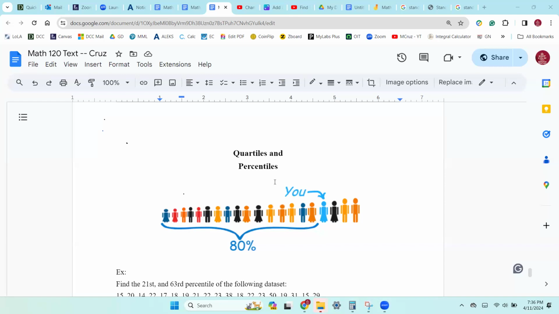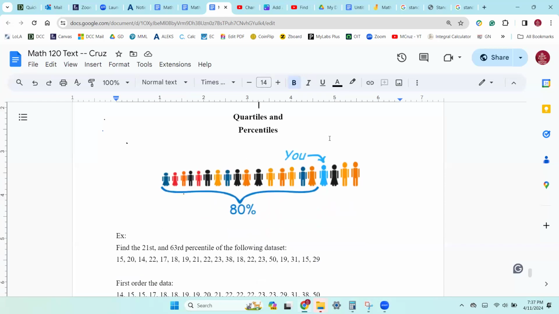All right. Now, percentiles are parts of 100, so if we lived in a perfect world and all of our data sets had 100 pieces in them, then if we wanted to find the 25th percentile, we would just sort all the data and count up to the 25th person, and they would be the 25th percentile.